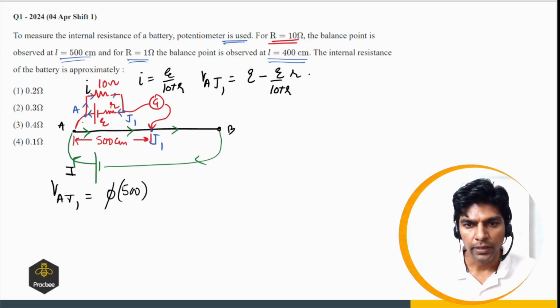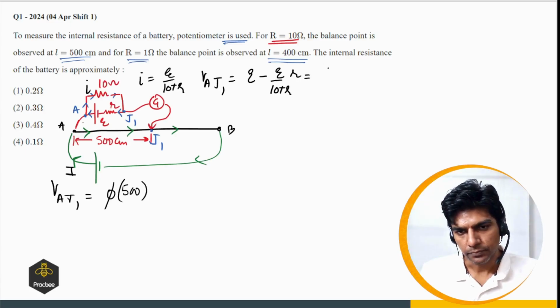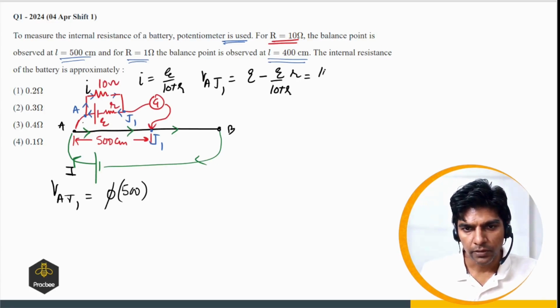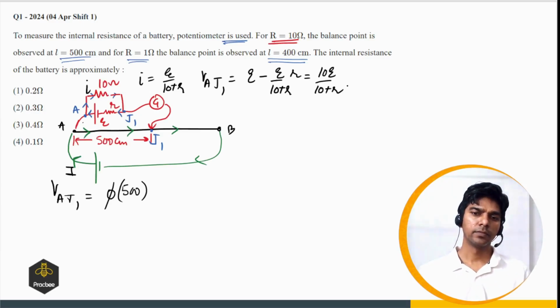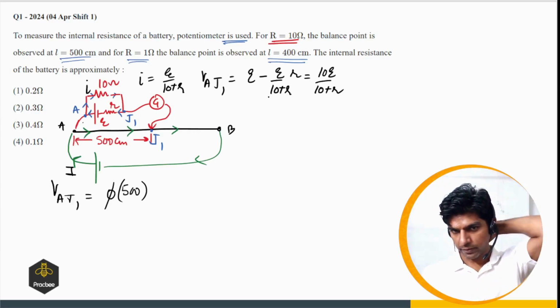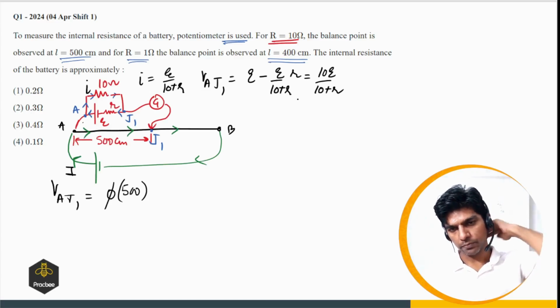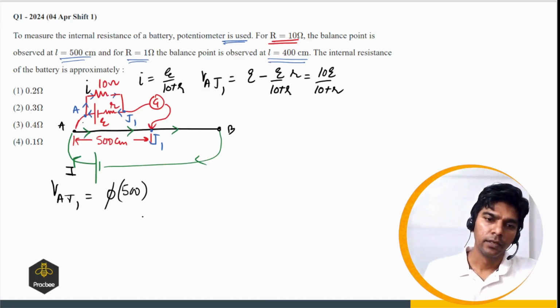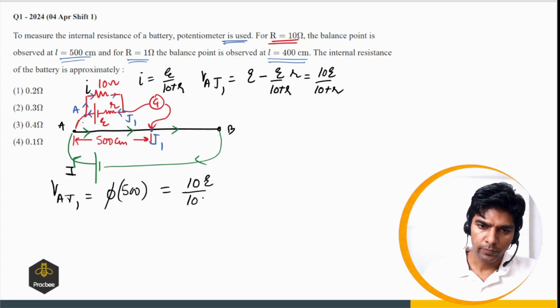Got it? And this comes out to be 10E upon 10 plus r. Clear? It will become 10E upon 10 plus r. So this is also equal to 10E upon 10 plus r.